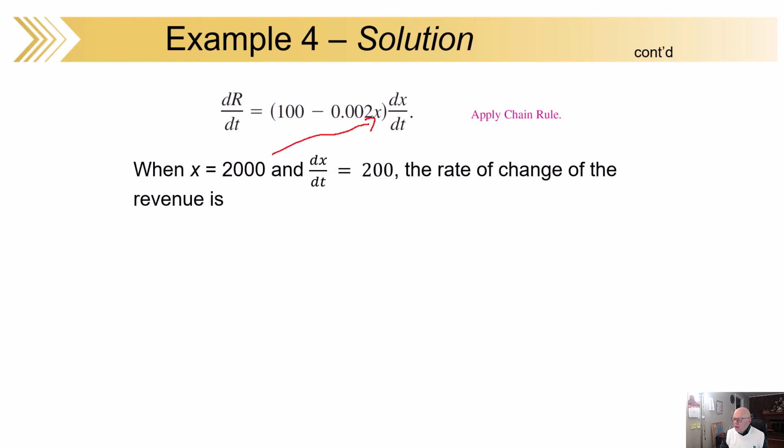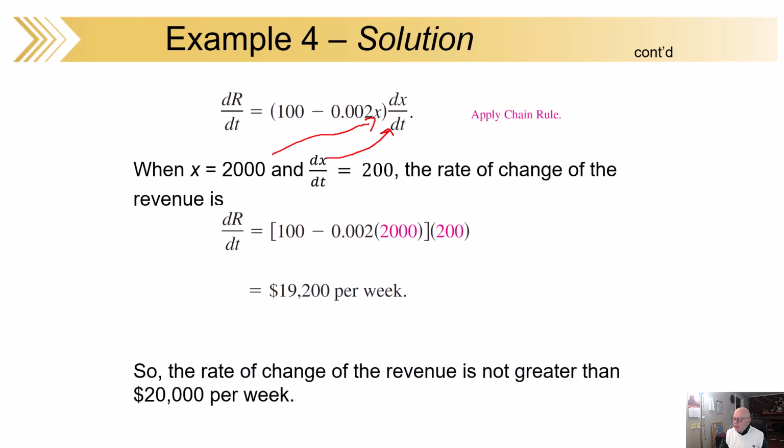Put that in here. dx/dt is 2,000. Put that in here. That's it. Just put those numbers in. The revenue is increasing at $19,200 per week. And there's our first answer.